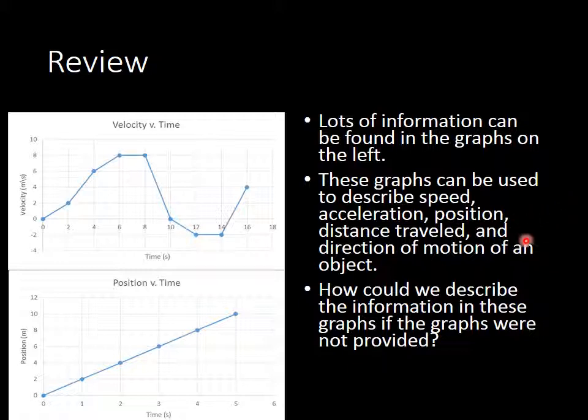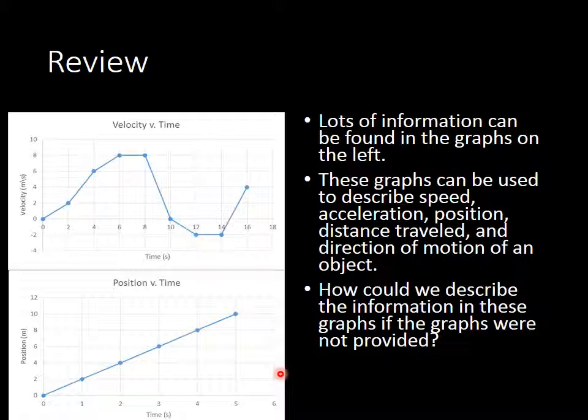So first, a little bit of review. Remember that there's a lot of information that can be found in the graphs on the left. Like in this velocity time graph, you could find the object's acceleration for different segments of its trip. You could find its position. You could find how fast it's going. There's a lot of different things that you can find here. In the position versus time graph, we can look at the shape of it and know whether or not it's accelerating.